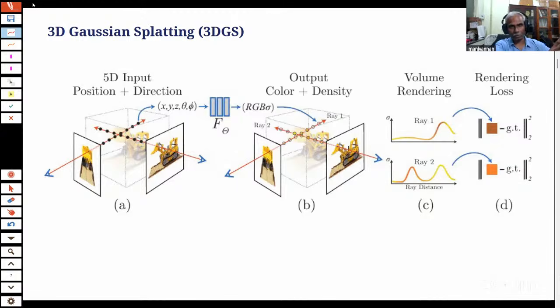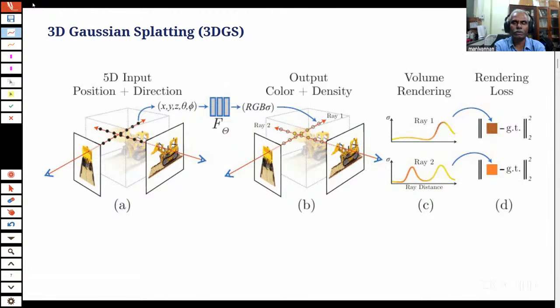That is the radiance field we talked about, the continuous implicit radiance field, right? There is also another thing called 3D Gaussian splatting, which is discrete, but it is implicit. Okay, it is implicit but discrete, whereas NeRF is implicit but continuous, right? So in the Gaussian field, a 5D input is given to the neural network. The 5D input is position plus the direction of looking at it, right?